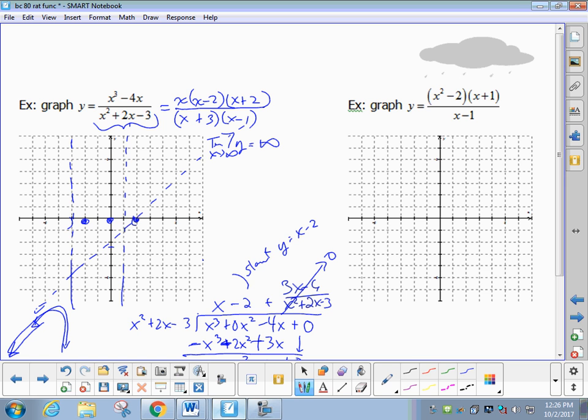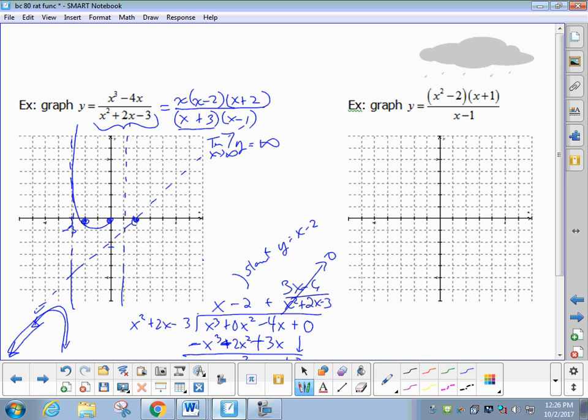You could sign test, but because at negative 3 I know I'm going to change signs, the overall outcome will change signs. So instead of negative, now I'm going to be positive. Likewise, when I jump over negative 2, it's not squared, so there's going to be a sign change, and I'll go negative.